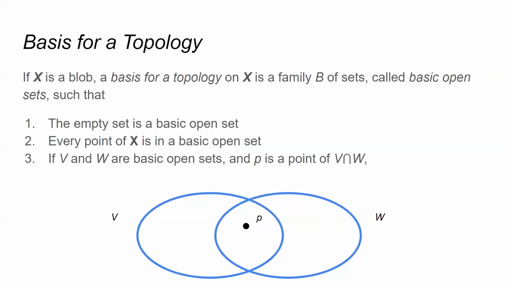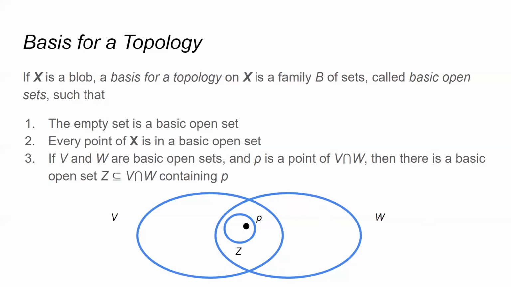Then there has to be some basic open set in the intersection that contains P. I repeat: if we have 2 basic open sets, V and W, and P is a point of their intersection, then there has to be a basic open set, Z, say, containing that point P and contained in the intersection of V and W.